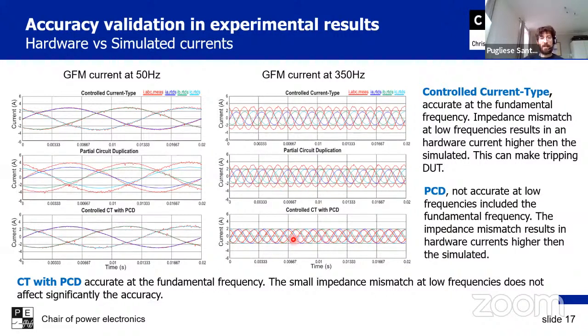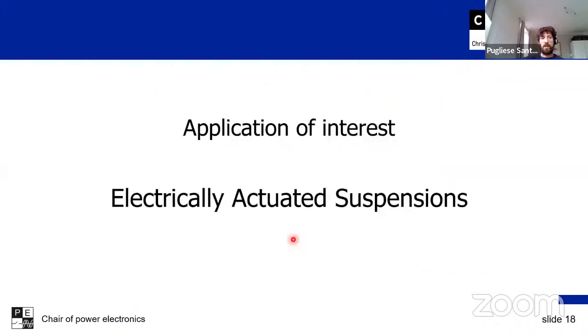With the controlled current type, even if there is a bit of a phase delay, I would say it is much more accurate in the representation of the plant. This part was more for understanding what the power in the loop is, what an interface algorithm is, and what the methods are to study the accuracy and the stability of a power in the loop.